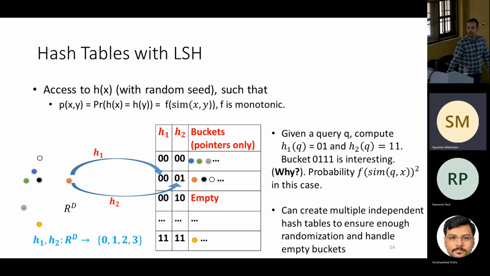Now let's say you give me a query. Now what I will do is I'll compute H1 of the query, let's say it turns out to be 0, 1, and H2 of the query, let's say it turns out to be 1, 1. Now the argument is that instead of looking at all the elements, which is an order n computation, I'm only going to probe this bucket. And this is a very interesting bucket because all the elements residing in this bucket have collided with the hash value of the query twice in this case.